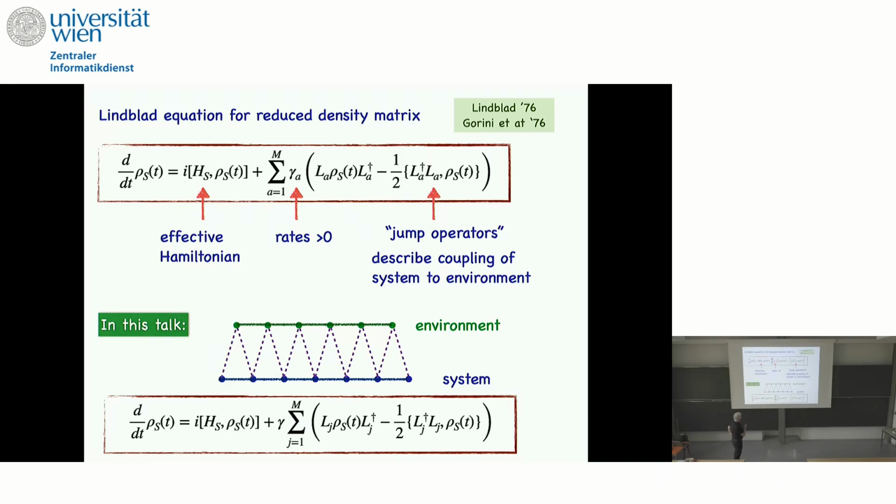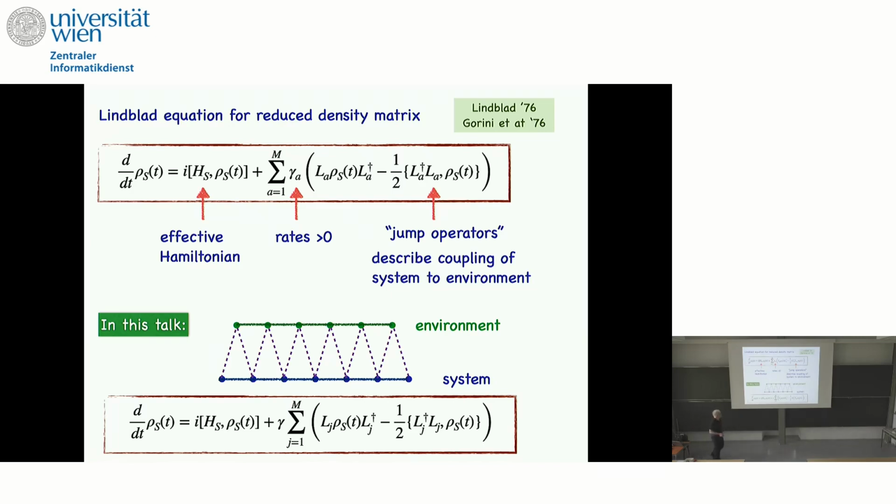Now, this is very general. In this talk, I will focus on a particular setup. Even though many of the things I'm going to say also hold in higher dimensions, I will take the system to be one-dimensional. So I have a one-dimensional chain of sites, and on those sites I will consider models of spinless fermions.